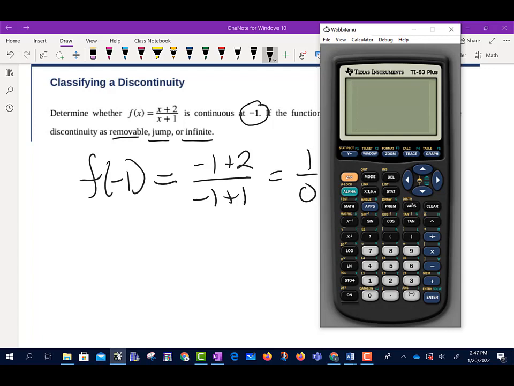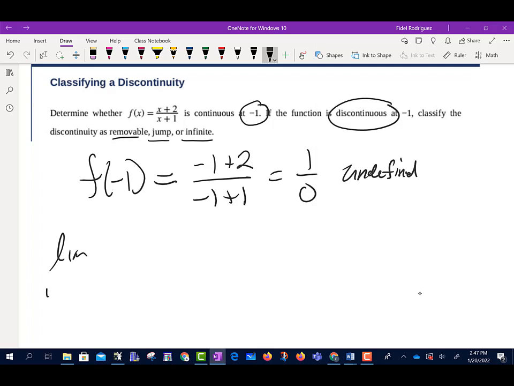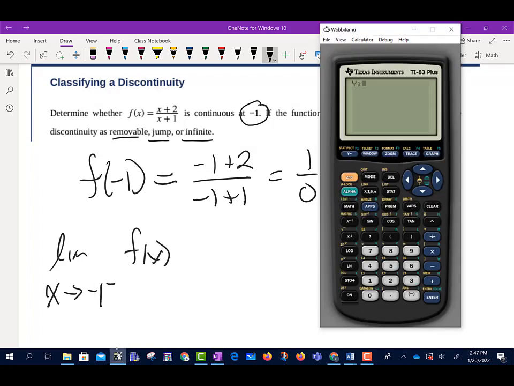Okay, so let's quit this. Let's go to vars, and I'm going to evaluate my function. I'm going to take the limit here, y'all, as x approaches -1. I'm going to take the limit as we're approaching from the left, okay? So what does that mean I'm going to do?